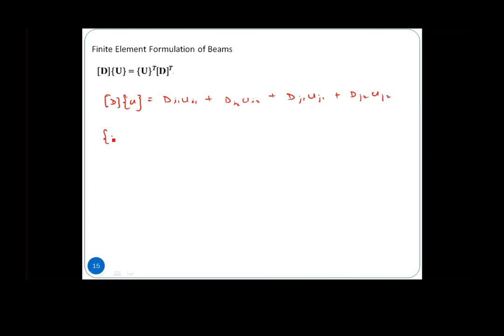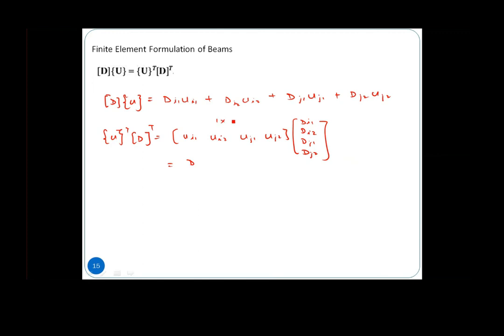If you do u d, where u is ui1, ui2, uj1, uj2, and d transpose is di1, di2, dj1, dj2, you also end up with a similar result when you multiply it.